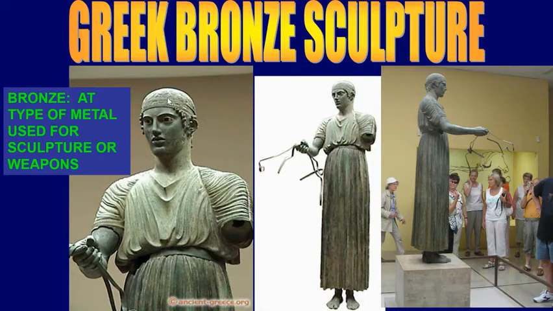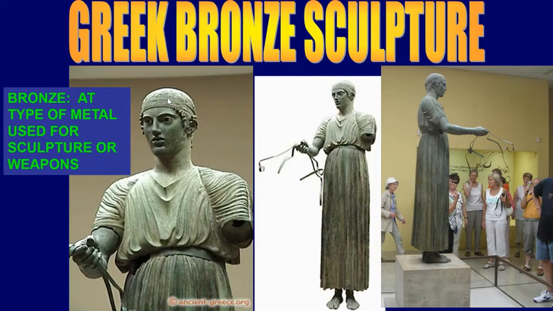The reason why there's not many bronze sculptures that are Greek left around is because when the Romans conquered the Greeks, they looked at all these Greek sculptures and they liked the sculptures, but they also saw the metal as something that they can melt down and make weapons out of.